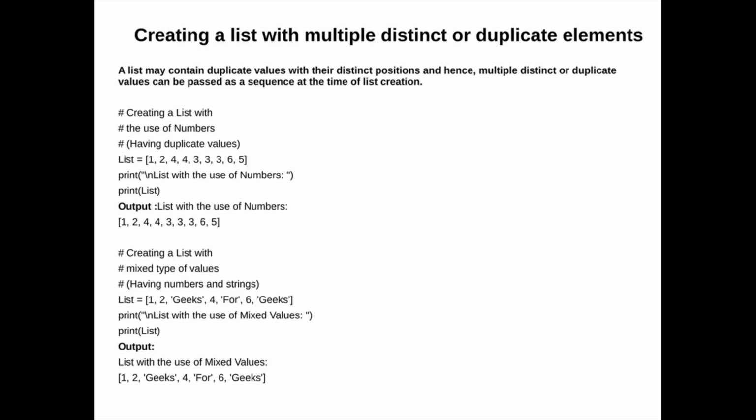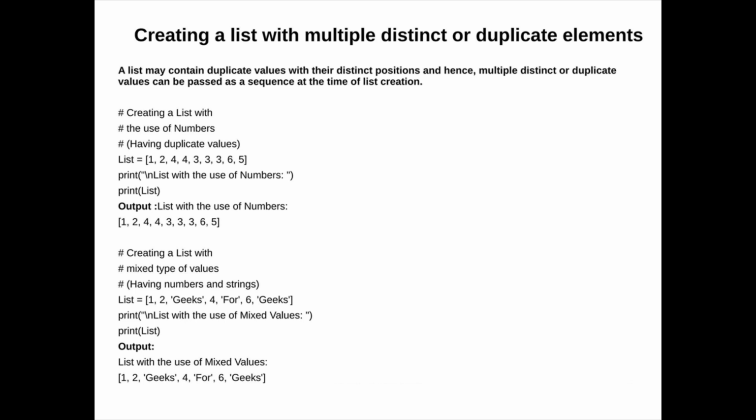Next, creating a list with multiple distinct or duplicate elements. Here, it contains duplicate values with distinct positions, and hence multiple distinct or duplicate values can be passed in the sequence at the time of list creation.